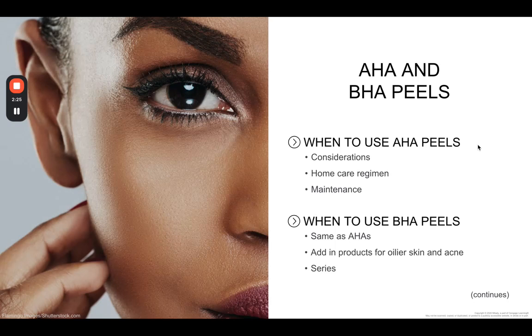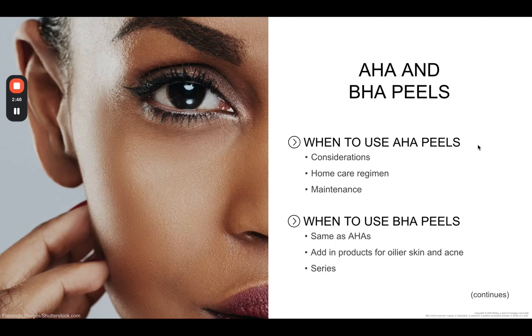Also, in the maintenance phase, you maintain the results by administering monthly maintenance. So once you have reached your client's desired results with their peels, then you can drop down to performing your peels once a month or maybe every 6 weeks.